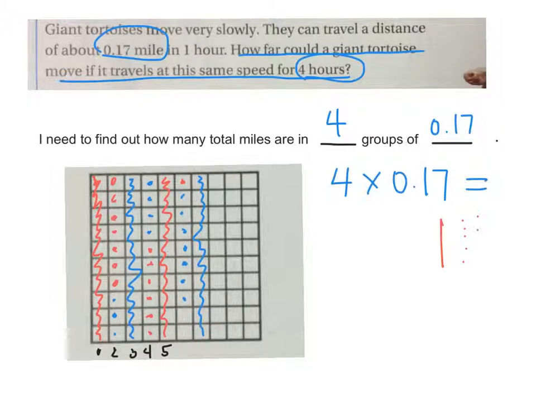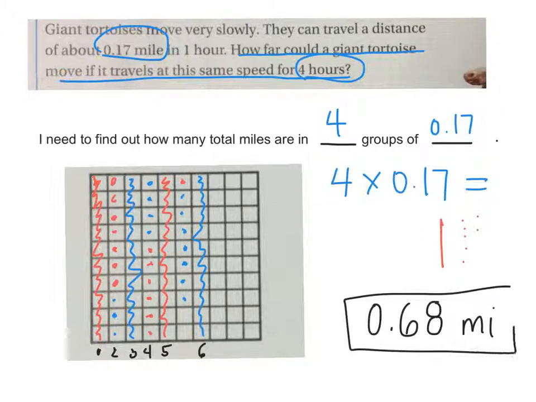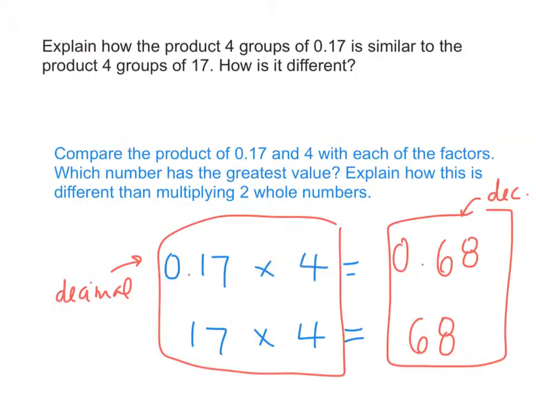So how many tenths do I have that are completely colored in? Okay, I have 6 tenths. Do I have any hundredths that weren't counted as part of the tenths? How many hundredths? So 4 groups of 17/100ths is 68/100ths. So how far will that giant tortoise travel in 4 hours? 68/100ths of a mile. A little more than 2 laps, right? Very good.